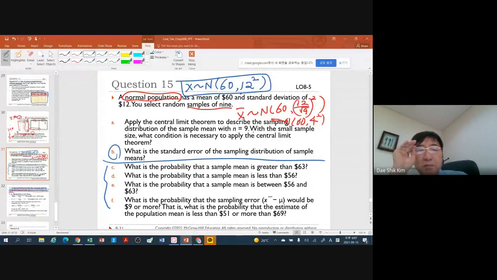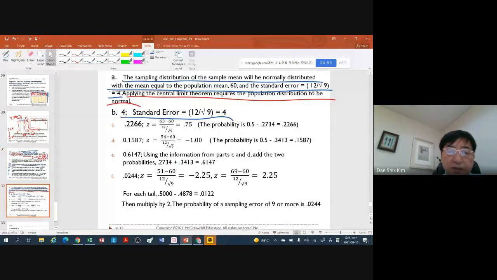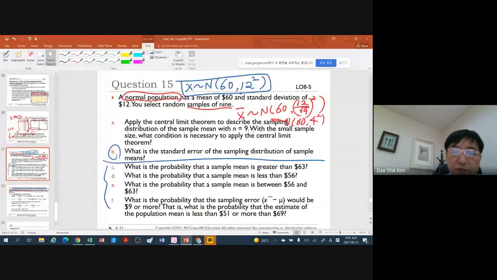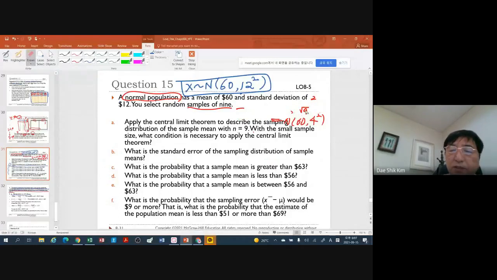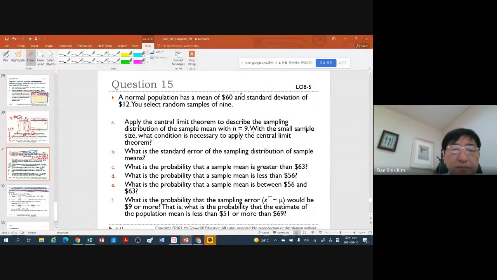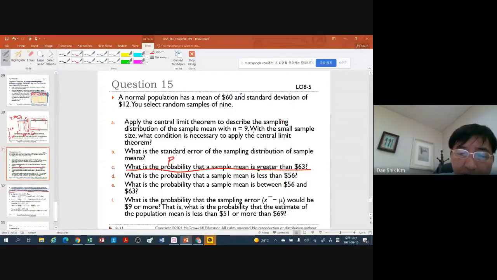Now, what is the probability that the sample mean is greater than 63? Can you translate this sentence into mathematical notation? I will erase this one. Part C. What is P?